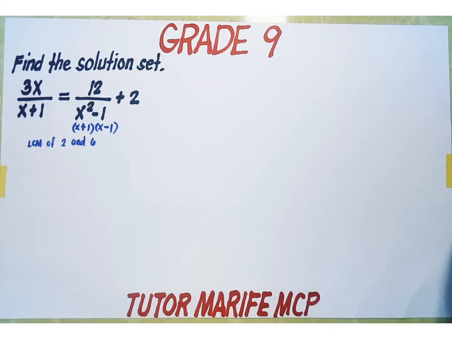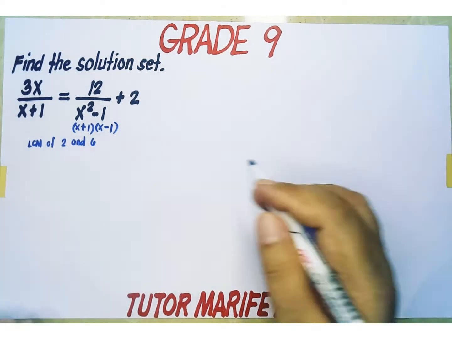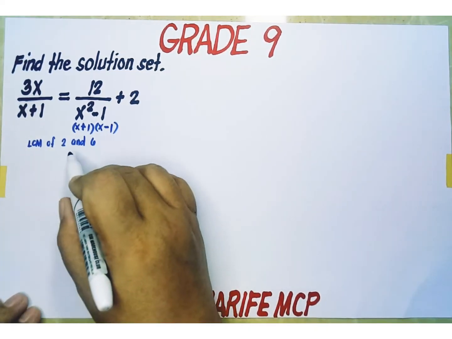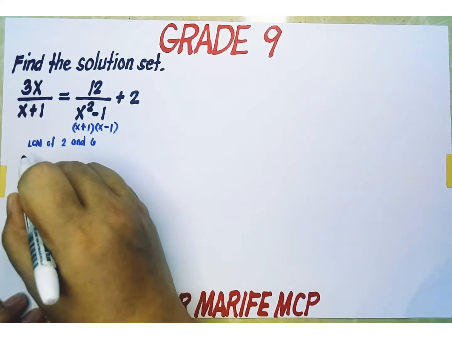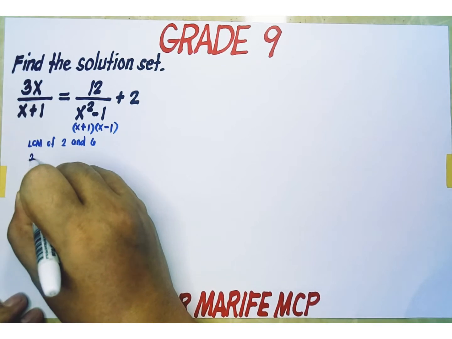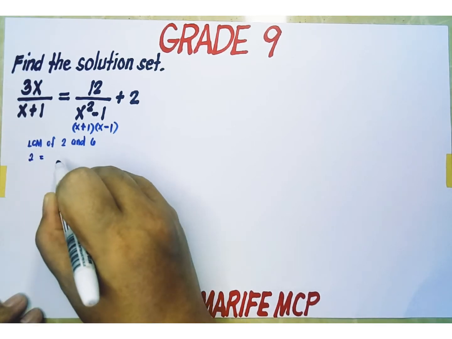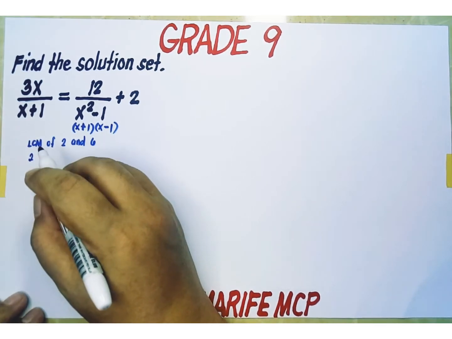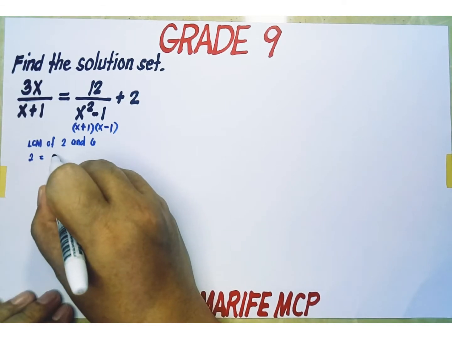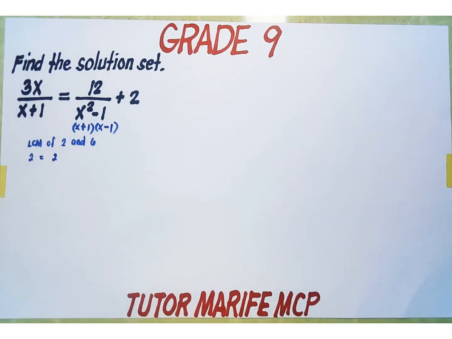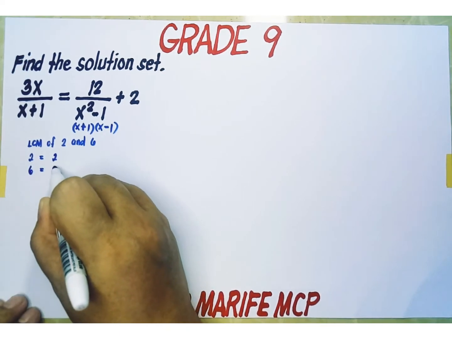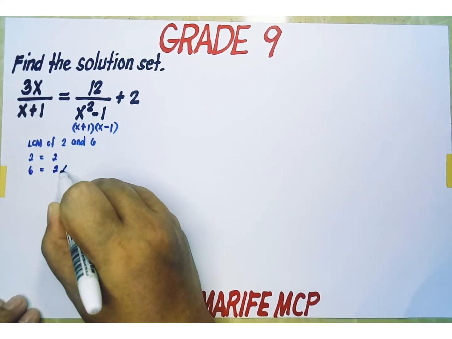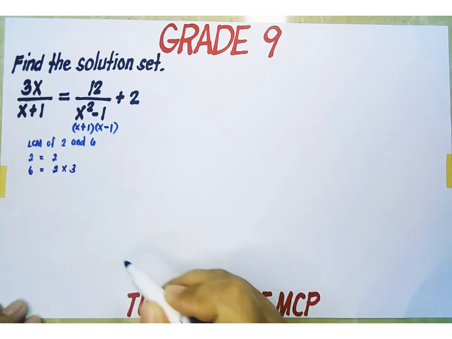Ano yung tinuro sa atin ng ating elementary teacher? Hinahanap natin ang prime factors of the given numbers. So, yung 2, ang prime factors niya, actually, prime factor is itself. Yung 6 naman, ang prime factors niya ay 2 and 3.